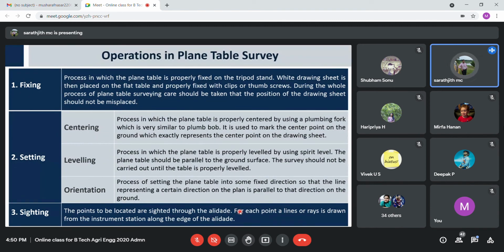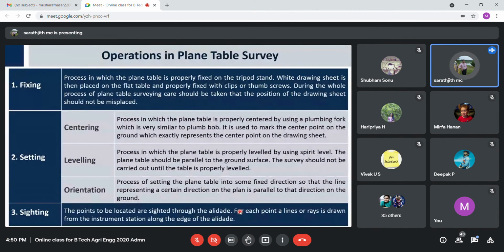For each point, a line or ray is drawn from the instrument station along the edge of the alidade. I have mentioned the fiducial edge. Once you bisect the ranging rod at the point, you draw a line on your drawing sheet along the fiducial edge. So that is the orientation of that particular line which you mark on the drawing sheet.